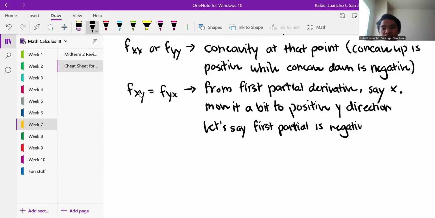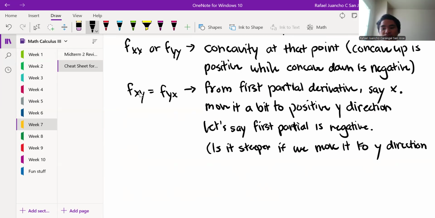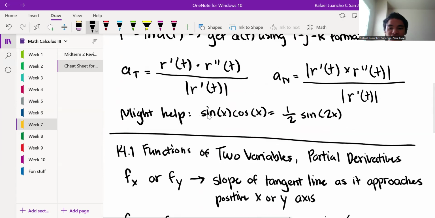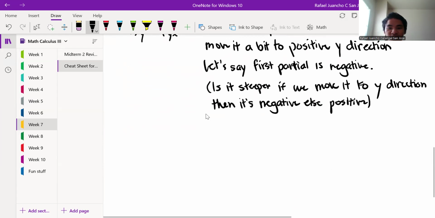It goes down. Is it steeper if we move it to the y direction? Then it's negative. Else, it's positive. So there are different ways to go about a problem like this, and we just analyzed it. But yeah, it's really hard to kind of go through it one by one.